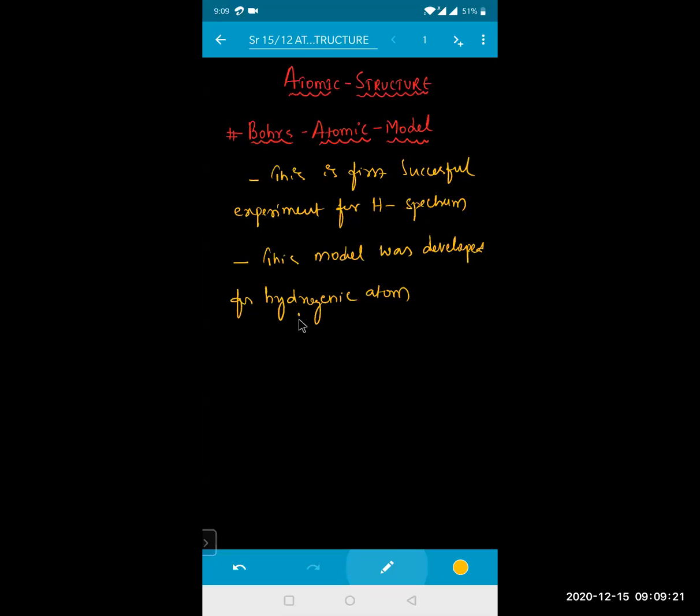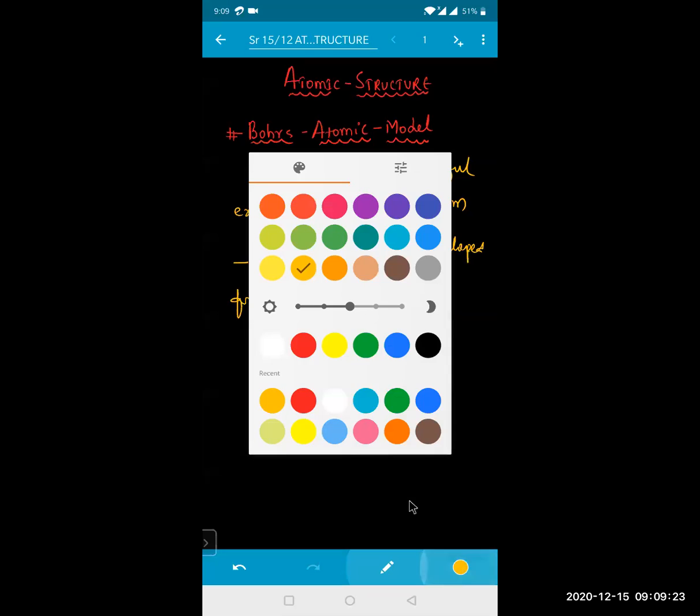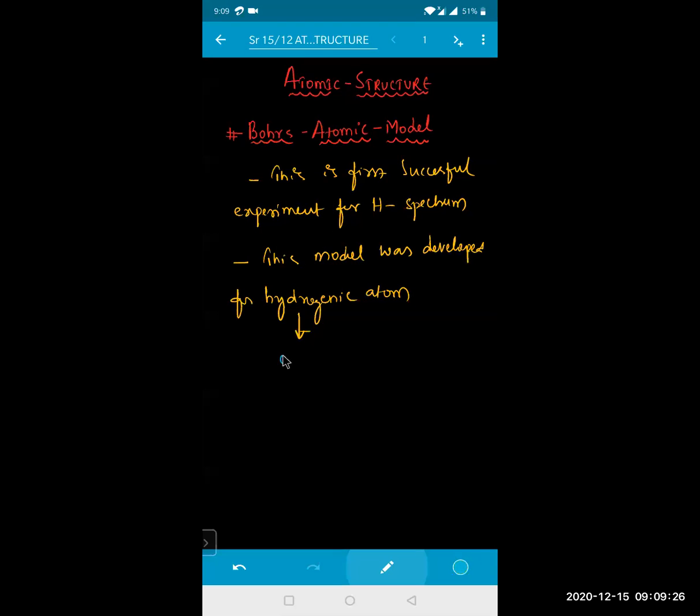What do you mean by hydrogenic atom? One electron system, like plus Ze, is known as a one electron system. Examples: hydrogen, helium plus, lithium plus 2, beryllium plus 3.